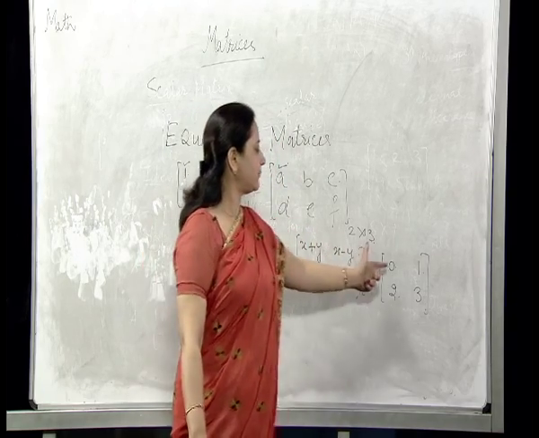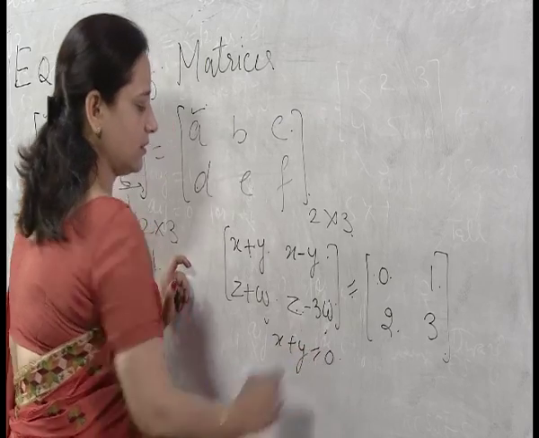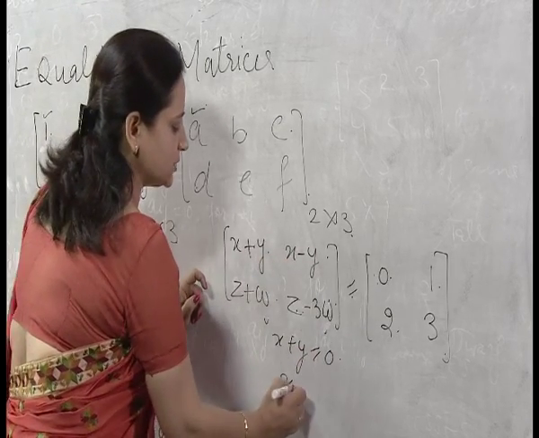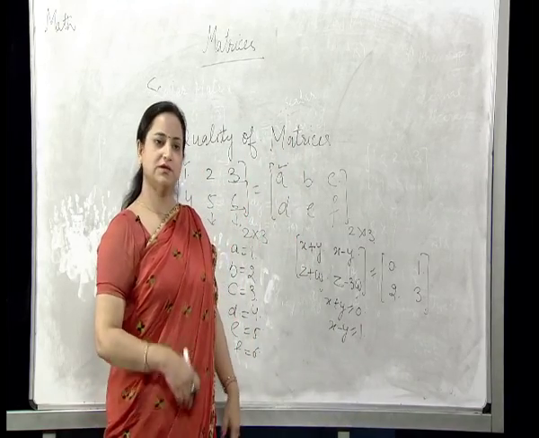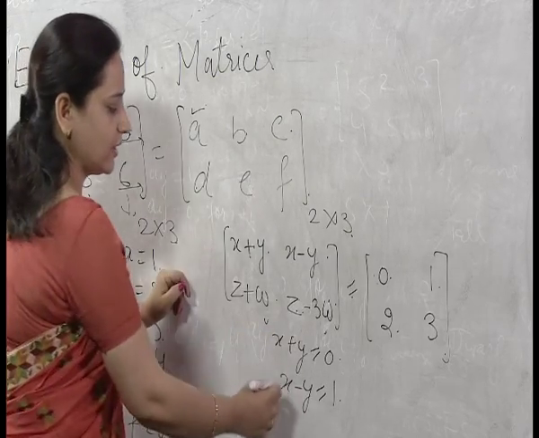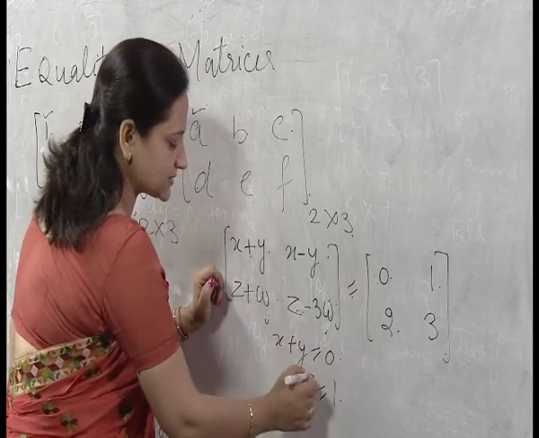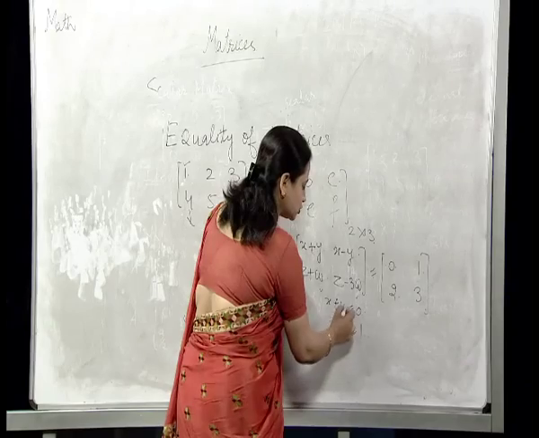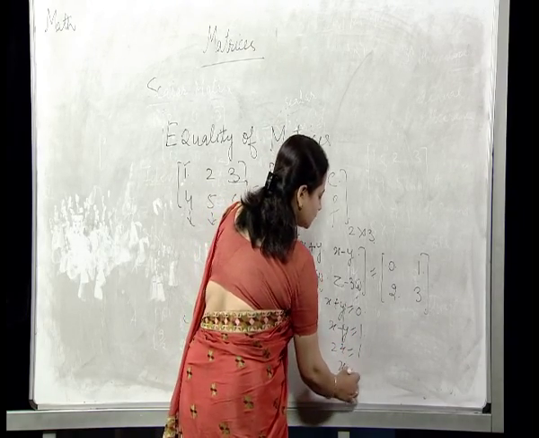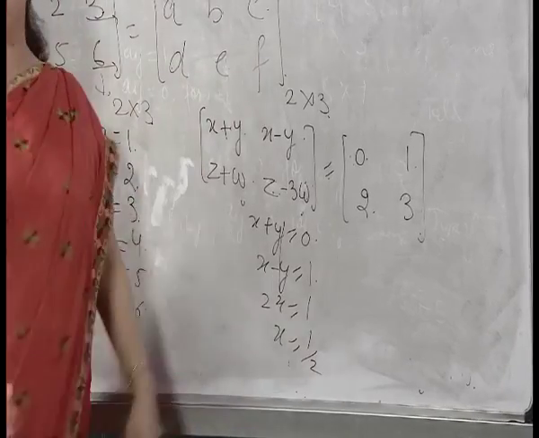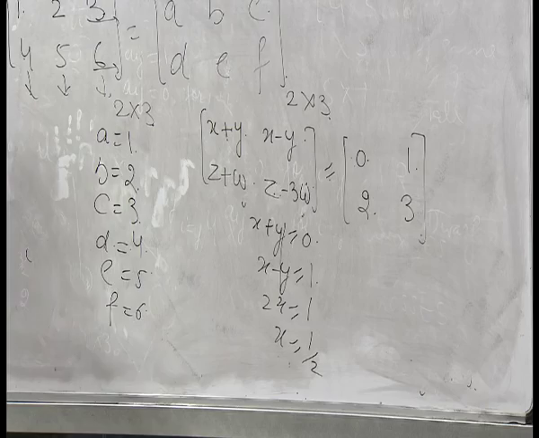So x plus y will be equal to 0 and x minus y equals 1. You can solve them by adding the 2. You will get 2x equal to 1 and x is equal to 1 by 2. Similarly, you can find the values of y, z, w, etc.